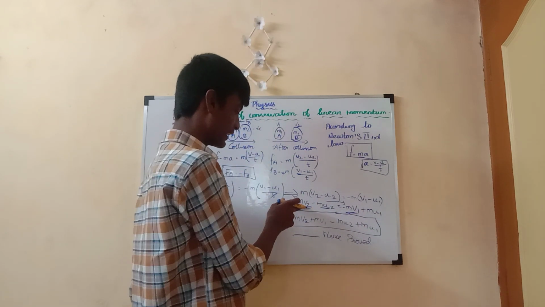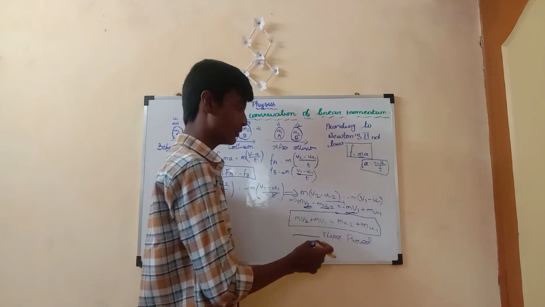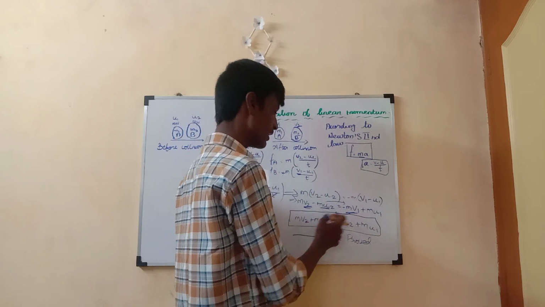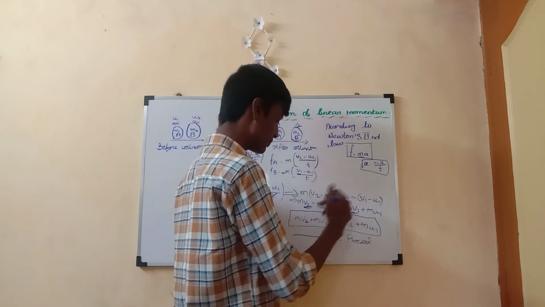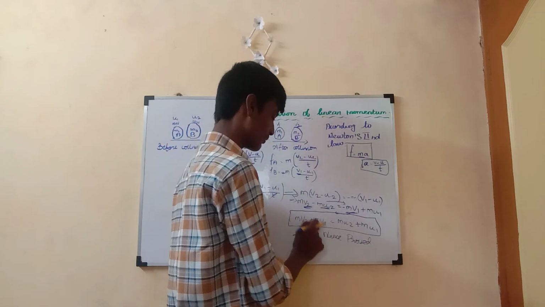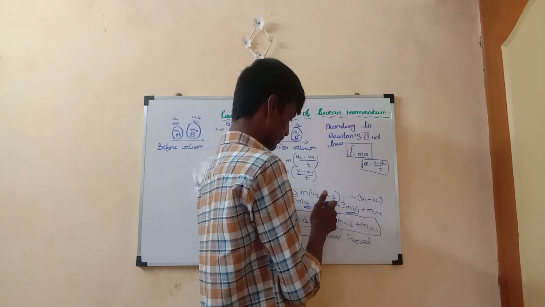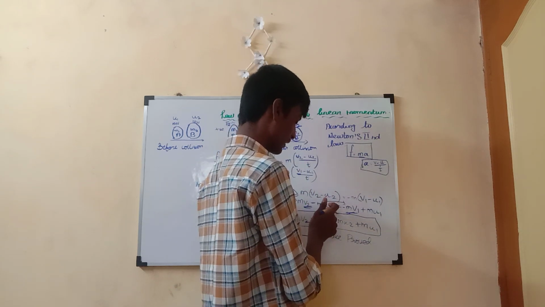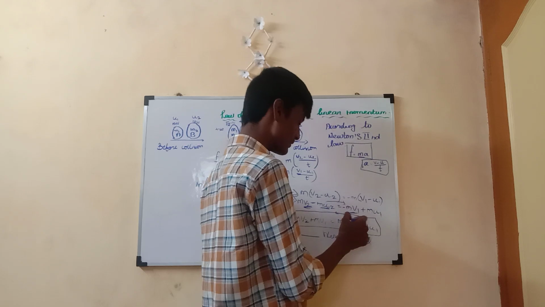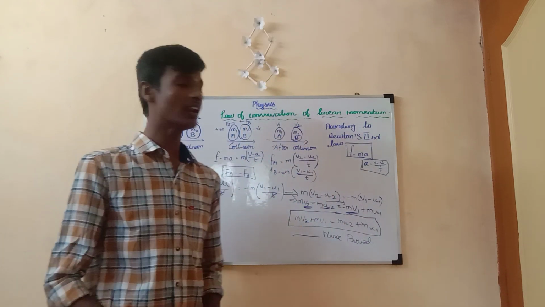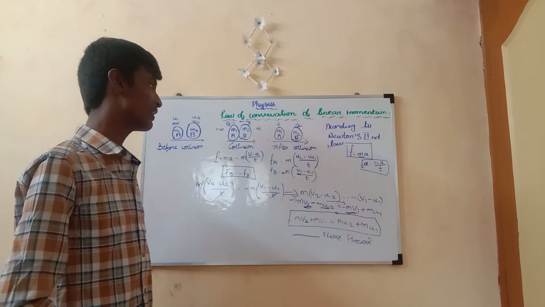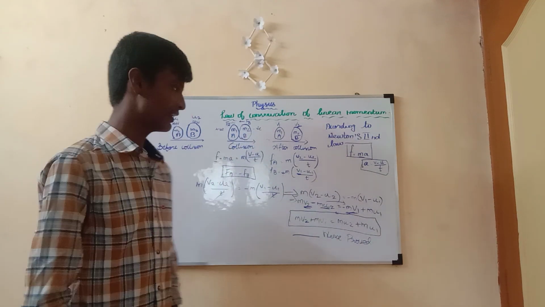Then m v2 is there, and minus m v1 moves left to become plus m v1, equal to minus m u2 moving right to become plus m u2, plus m u1. So this is the final answer of the law of conservation of linear momentum. I hope you are clear. Thank you.